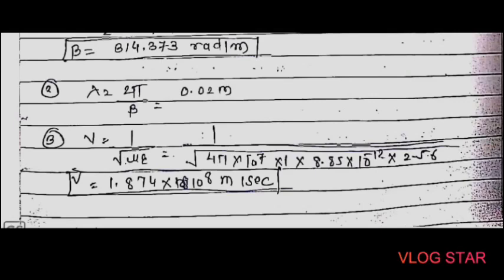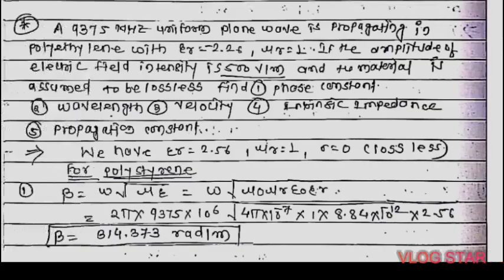The value of mu 0 is 4 pi into 10 raised to minus 7, mu r is given as 1, epsilon 0 is 8.85 into 10 raised to minus 12, and epsilon r is 2.56. After calculation, we get v equal to 1.874 into 10 raised to power 8 meter per second. This is our third parameter, the velocity.